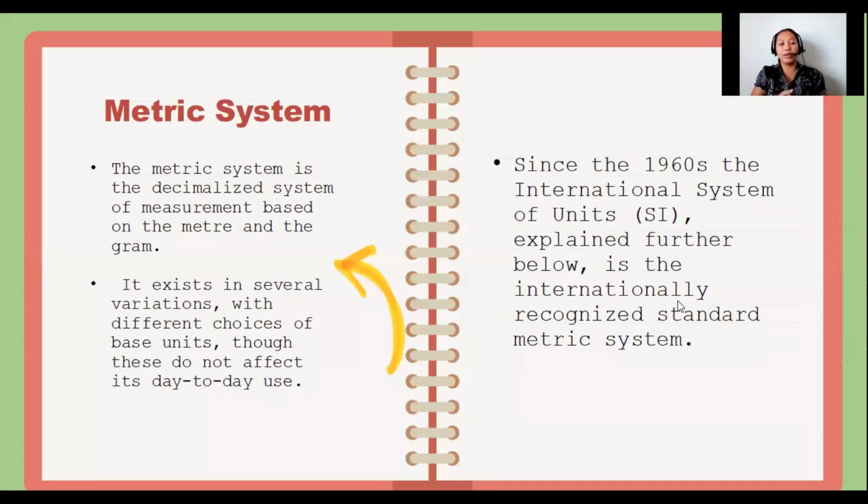Okay, so next we have the metric system. The metric system is the decimalized system of measurement based on the meter and the gram. So when we say decimalized, it is in decimal form. It exists in several variations with different choices of base units, though these do not affect its day-to-day use.